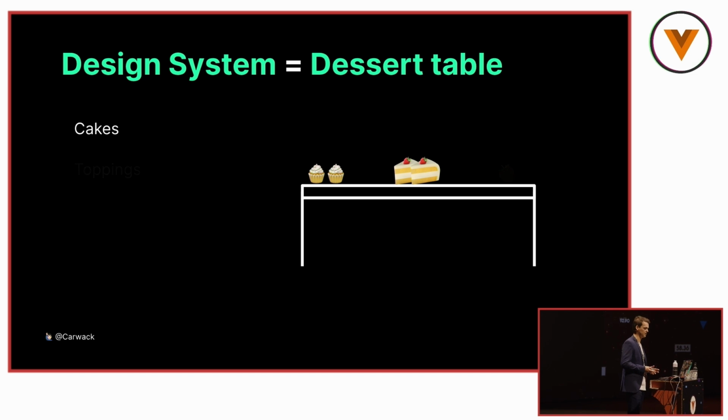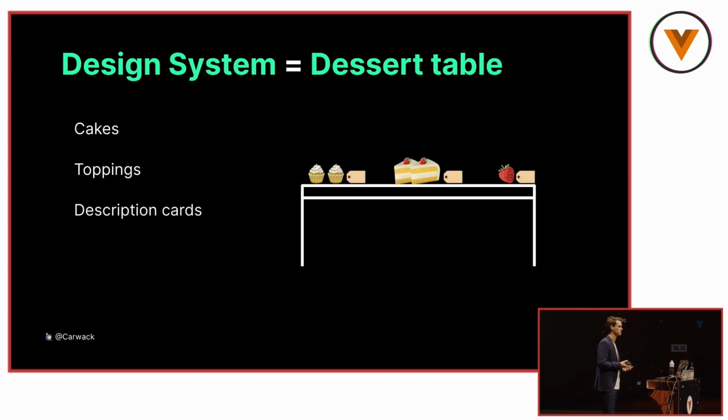The other thing that we have are toppings. These are ingredients that are available on our table to add more styling to the components or to the application itself. These are like colors, fonts, sizes. And we also have, of course, description cards. Cards that say what kind of cake it is and what's in there, our documentation, right?